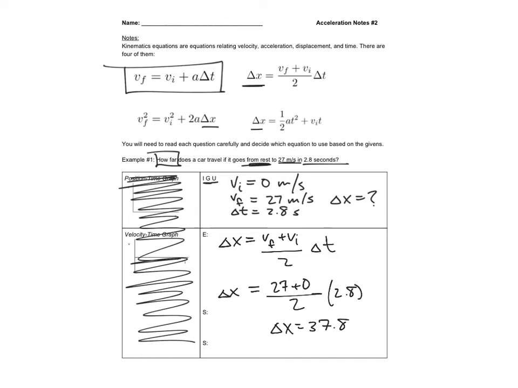And that's 37.8 meters, because it is a delta x. So all we had to do was read the question for the givens and the unknown, match those to an equation, and then write down the equation, substitute in, find a solution. Easy peasy. Now let's go look at a couple more examples just so you know what you're doing.